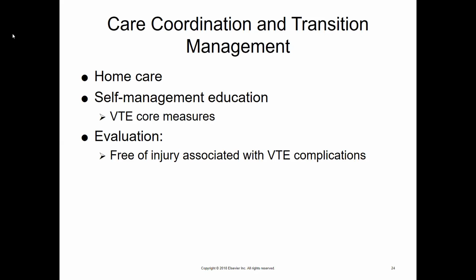It could change. Self-management, stop smoking. Females need to avoid the use of oral contraceptives. And then we talked about the core measures already with Joint Commission. Evaluation, you want your patient to be free of injuries associated with blood clots.